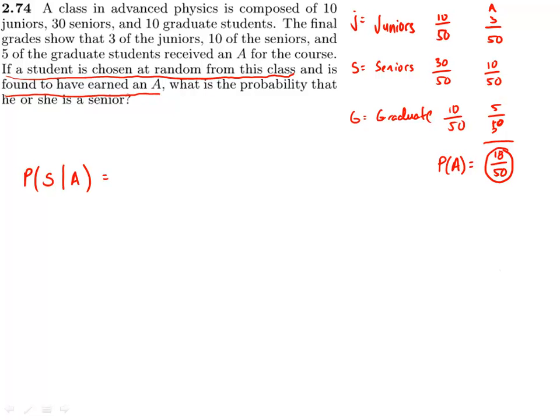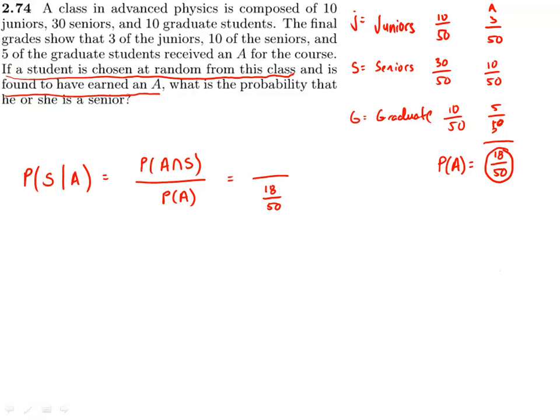So from the definition of a conditional probability, we know that this is equal to the intersection of those two events divided by the probability of A. So we know the denominator is 18 over 50.